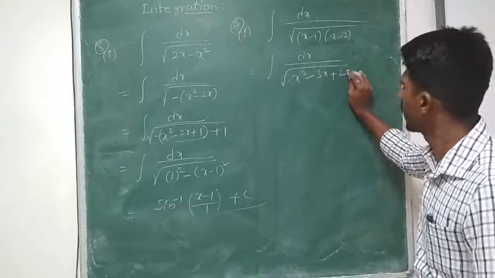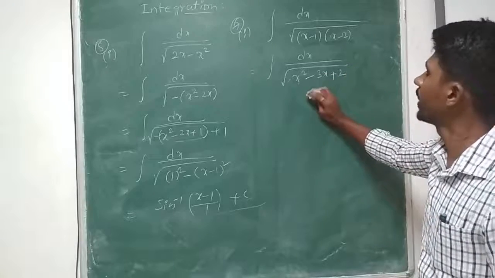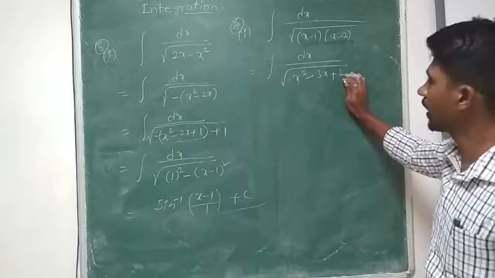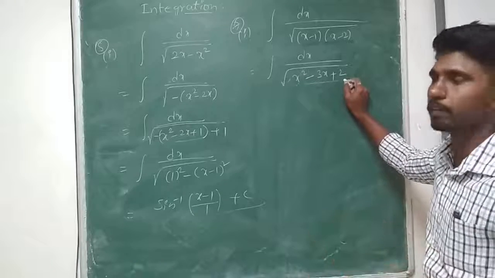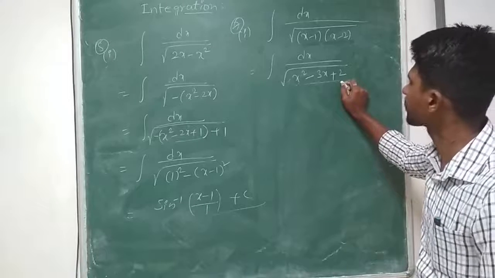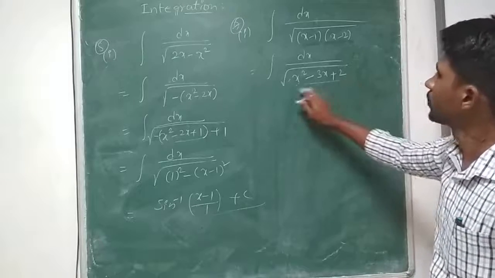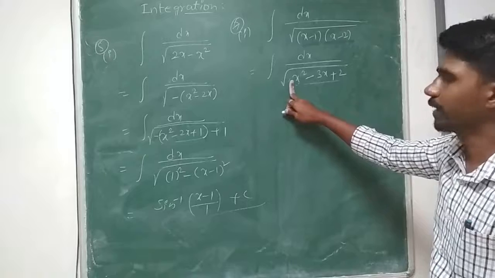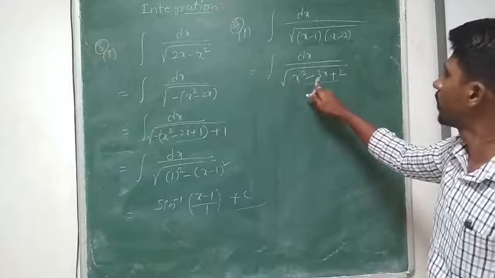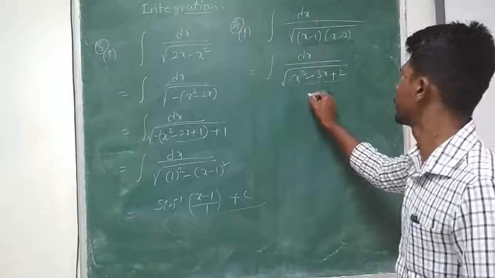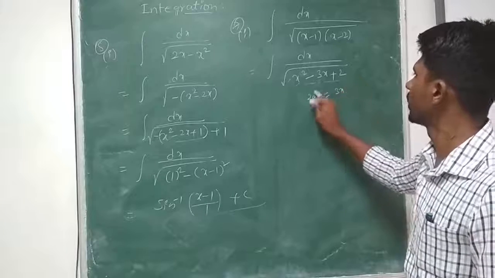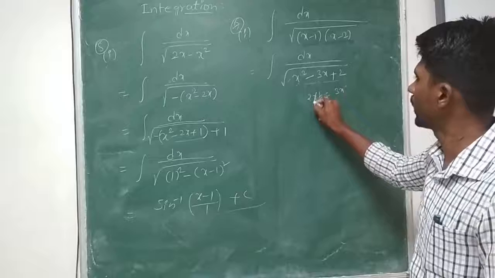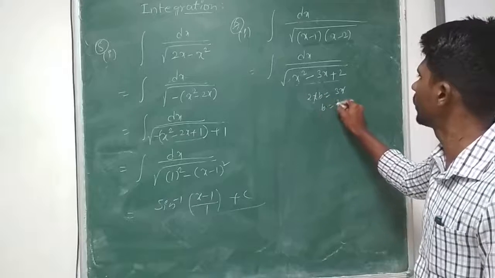Now it is like 1 by root of ax square plus bx plus c form. I have to express this as (x minus alpha) whole square plus or minus k square. For that purpose, the x square coefficient is 1, so no need to take any common factor, and in place of 2ab I have minus 3x. So 2ab equal to 3x, a is nothing but x, so x gets cancelled, b will be equal to 3 by 2.